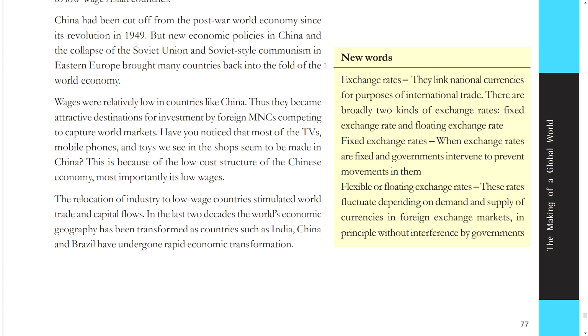Flexible or floating exchange rates: these rates fluctuate depending on demand and supply of currencies in foreign exchange markets, in principle without interference by government.